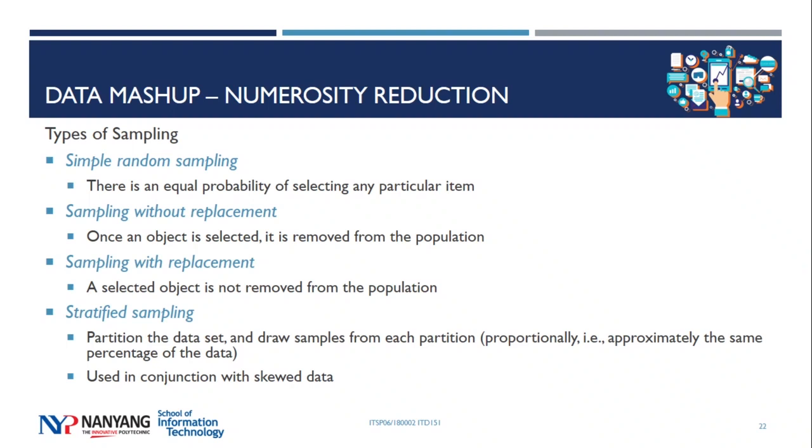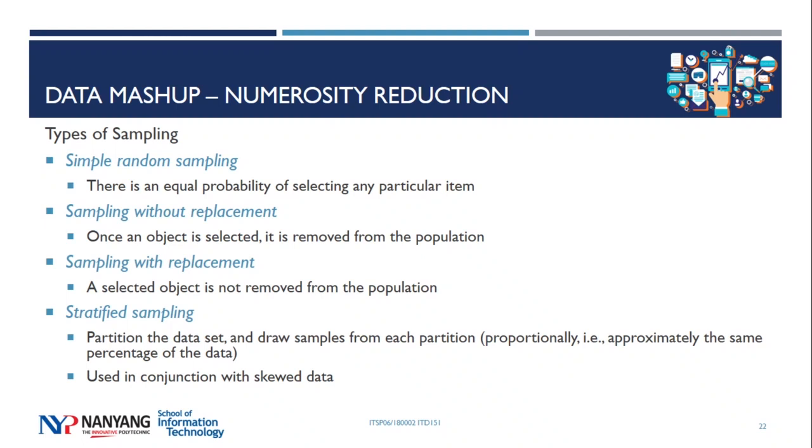If you want to avoid choosing any member of the population more than once, then you need to do sampling without replacement. The opposite is sampling with replacement, meaning that after choosing any member of the population, we can choose it again. One example is the 4D draw, where the numbers selected can be repeated.